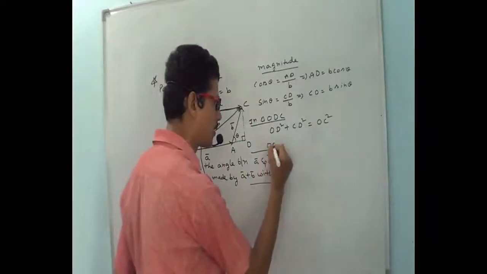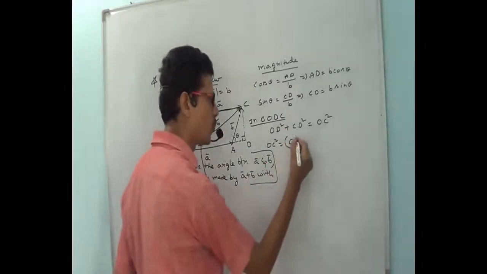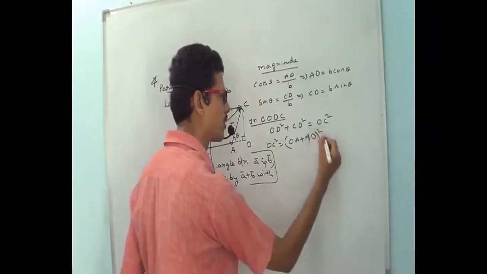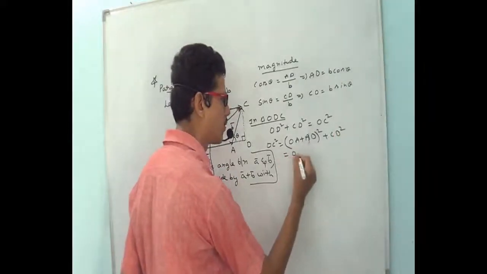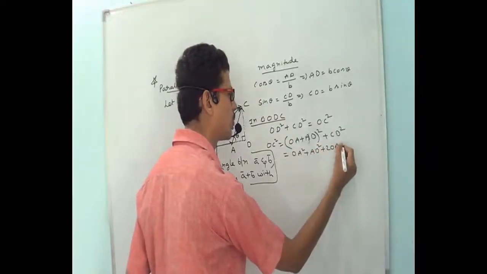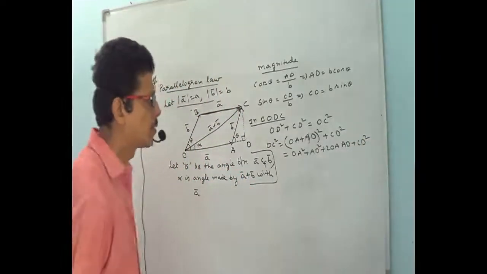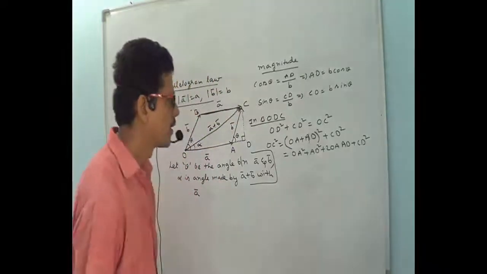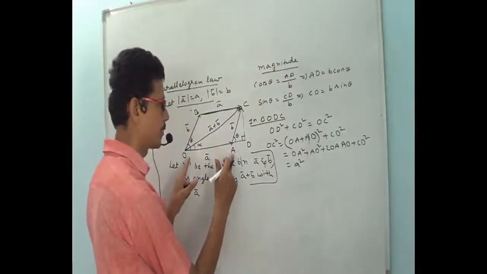OC square, I can write it as, what is OD square? OA plus AD, right? OA plus AD whole square plus CD square. This I can expand: OA square plus AD square plus 2 into OA into AD plus CD square. OA square means A square.